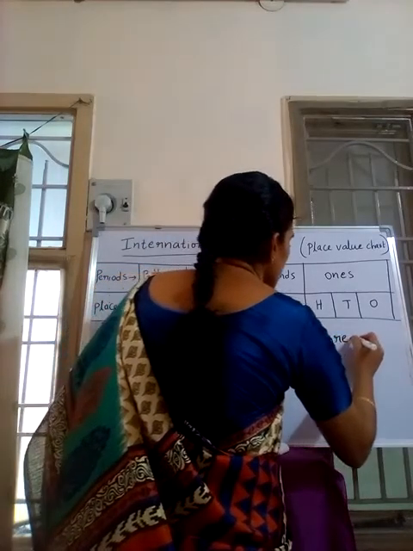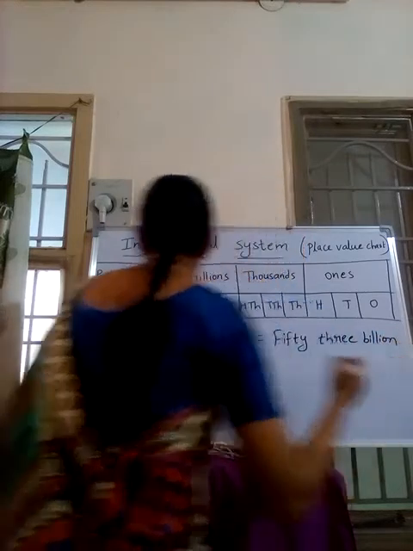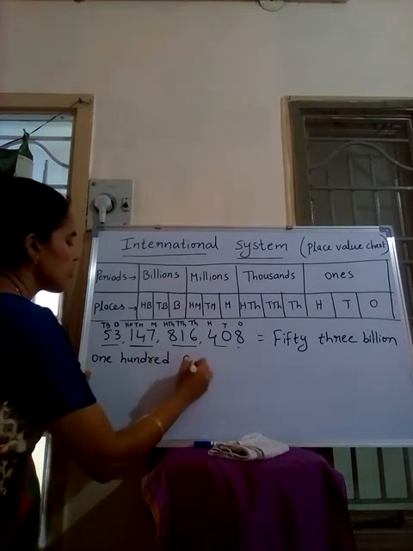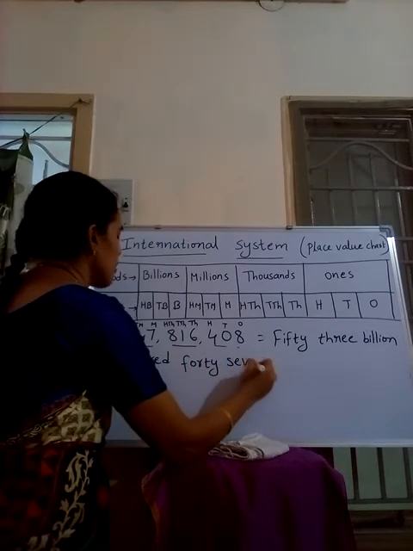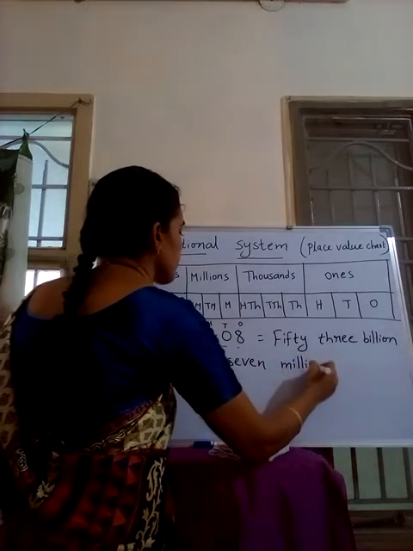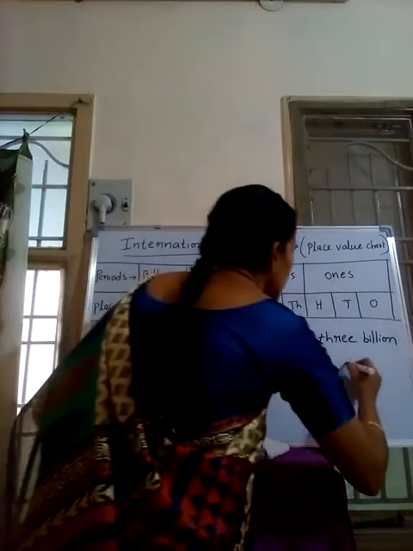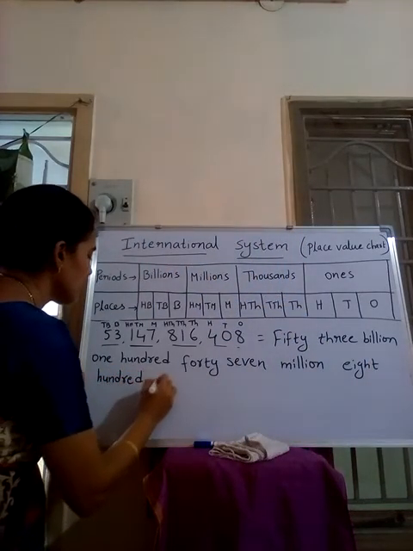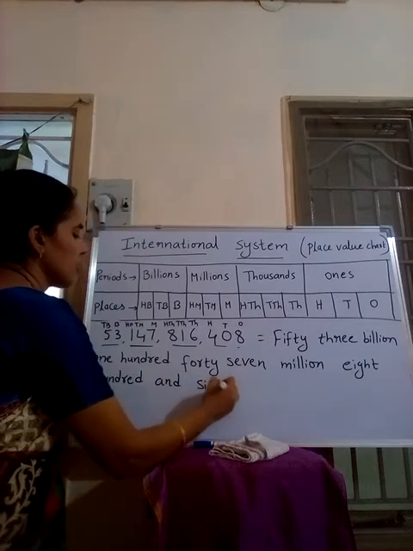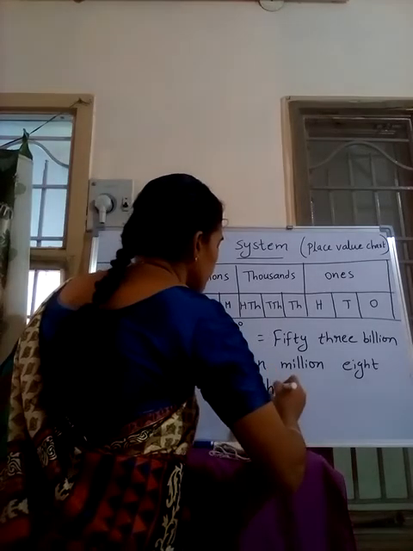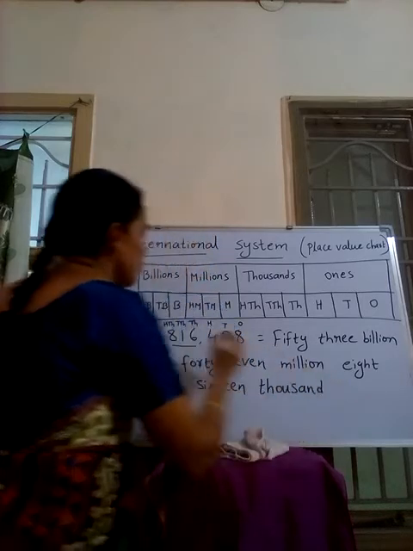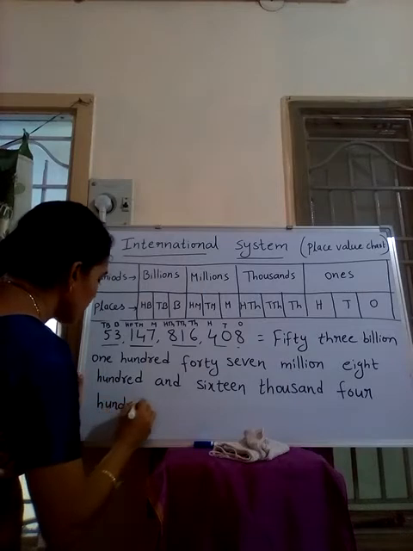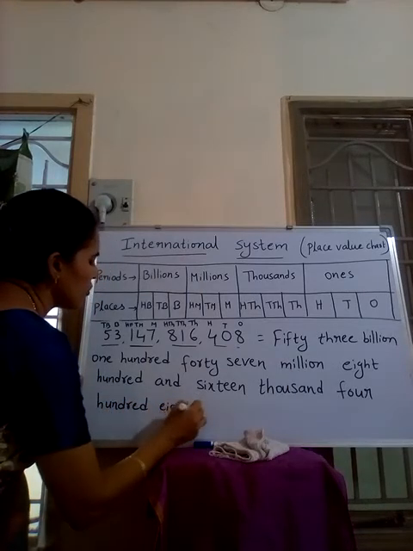53 billion, 147 million, 816,408. Generally we want to use "and" in between.